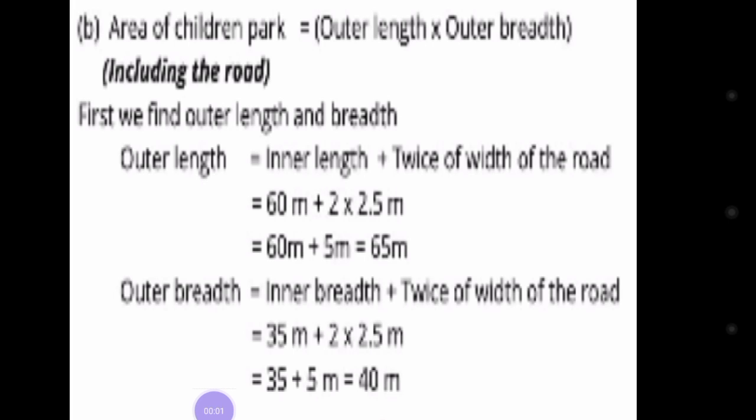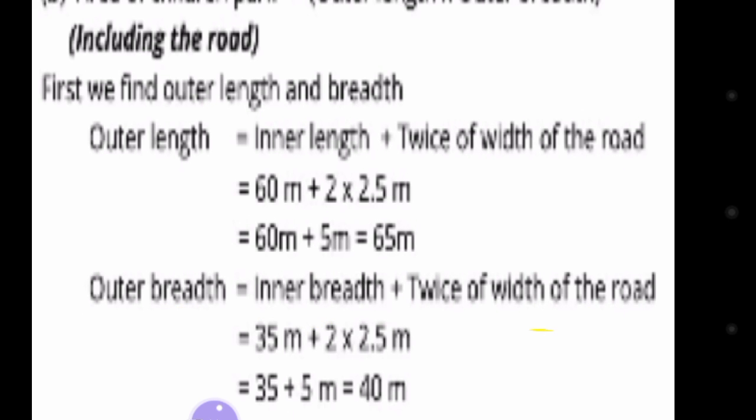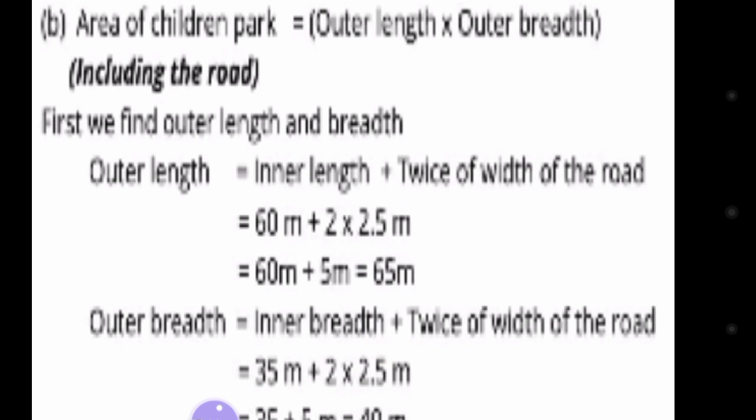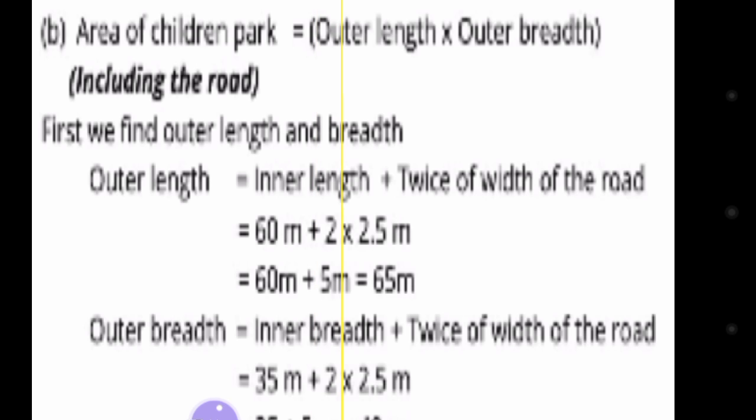Now find out the outer breadth, that is the breadth of the large rectangle. Formula is inner breadth plus twice the width of the road. Twice the width of the road means we multiply 2 by 2.5 meter, and we get 5 meter.